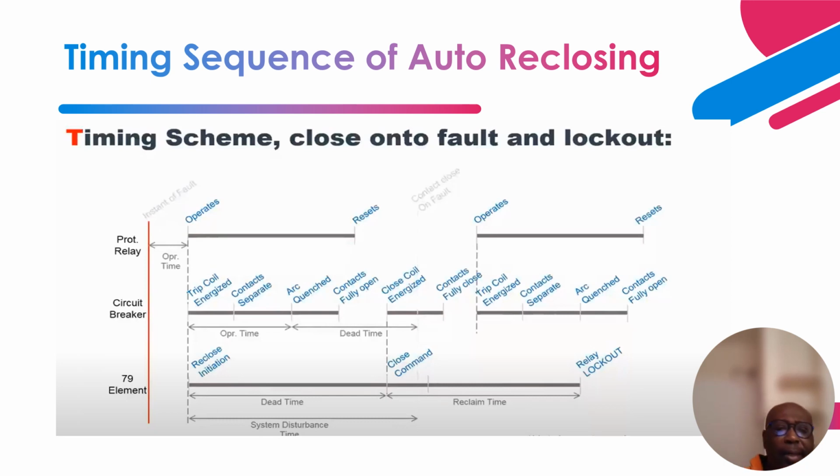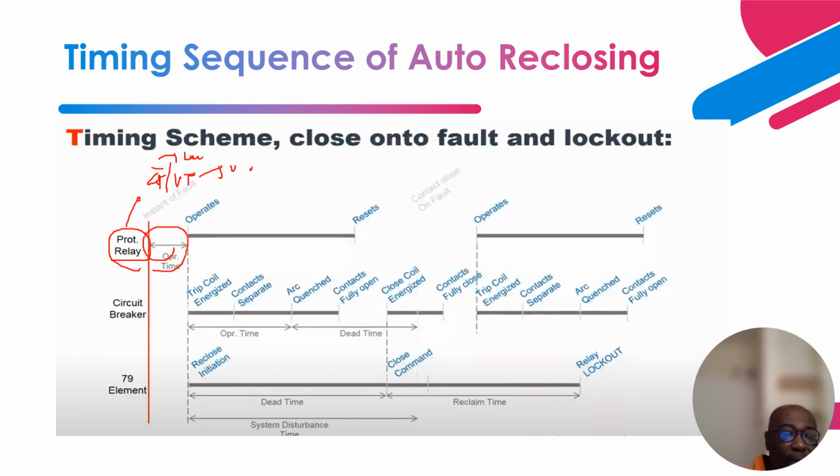Okay, so now let's take a look at the timing sequence of auto reclosing. You have a protection relay, which is integrated to CTs and VTs, current transformers and voltage transformers, that sense current and voltage. When there's a fault condition, the relay has an algorithm and an operating time.